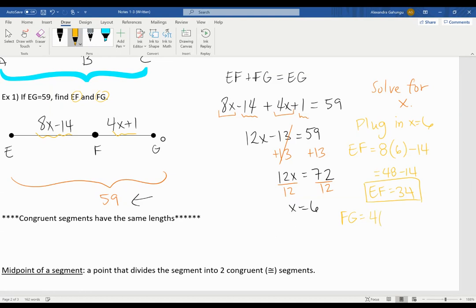So 4 times 6 instead of 4 times x plus 1, 24 plus 1. So FG is equal to 25. All right, and that's how we're going to use our segment addition. We add our two parts, it equals the whole. That helps us solve for our missing variable, and then we can plug it back in.